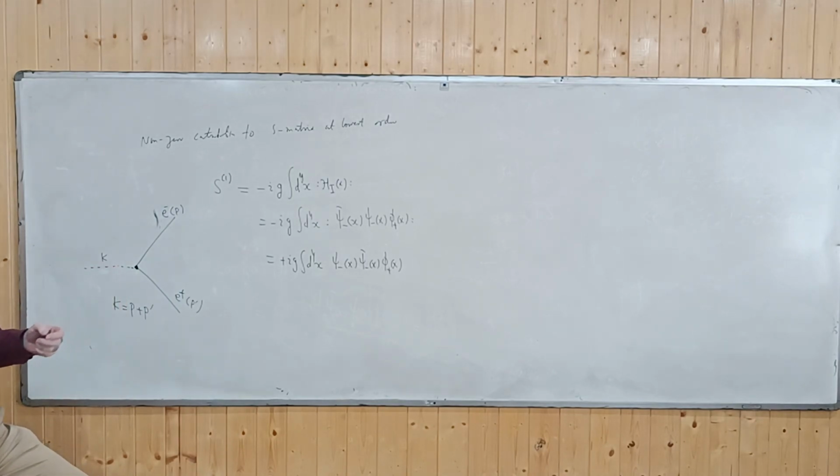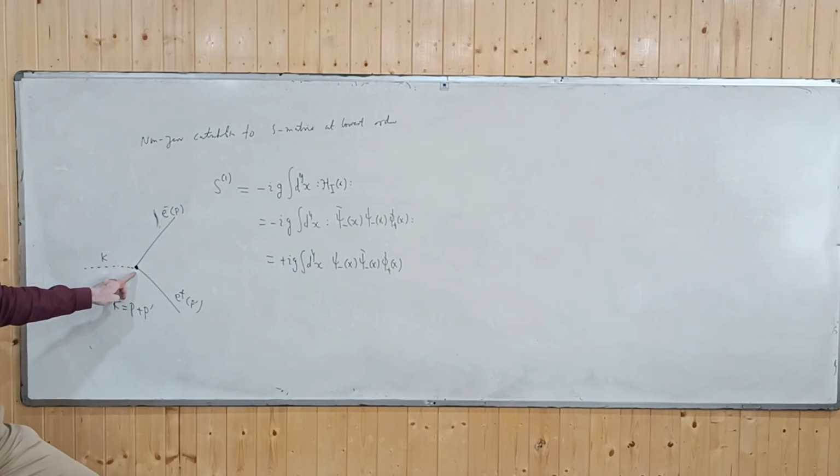And the point where you are creating or annihilating the particles, we will denote by this vertex. The vertex means where you annihilate and create the particles. In other words, the vertex will represent simply the interaction, because while you annihilate and create the particle, that means you are having an interaction. Clear?